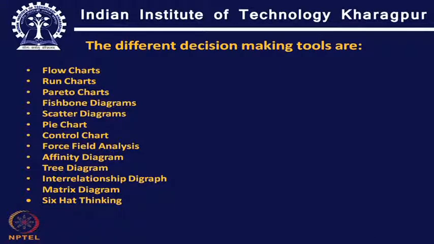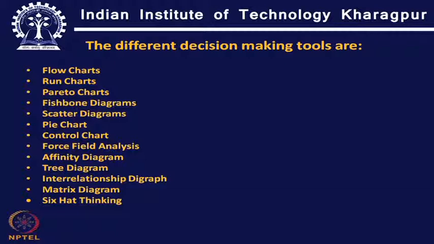So what we can look into are the different decision making tools, and we have a list of tools like flow charts, run charts, Pareto charts, fishbone diagram, scatter diagram, pie chart, then tree diagram, interrelationship diagram, matrix diagram, six-sigma thinking. These and many more add to the different decision making tools.